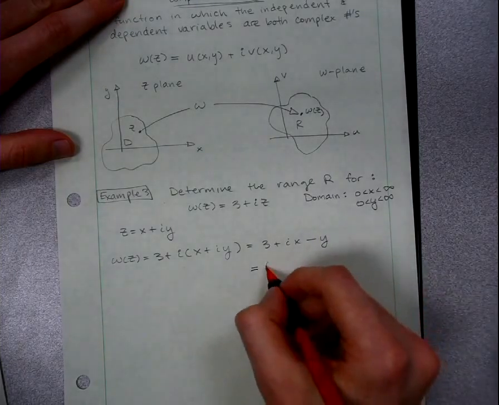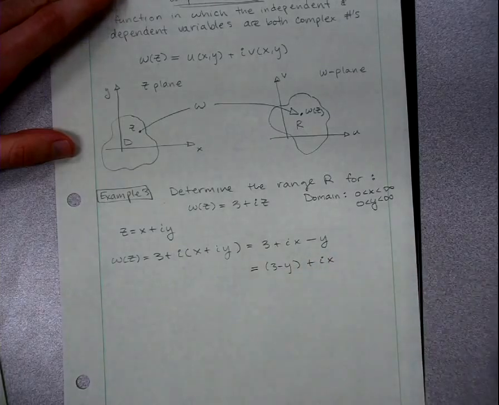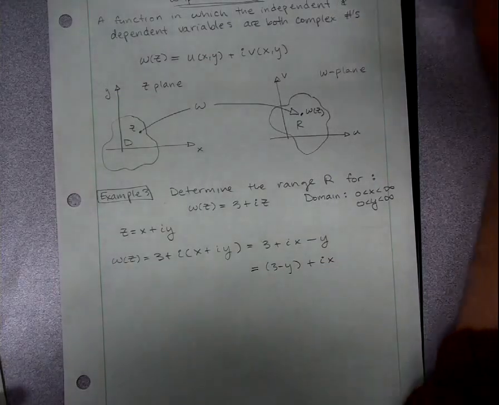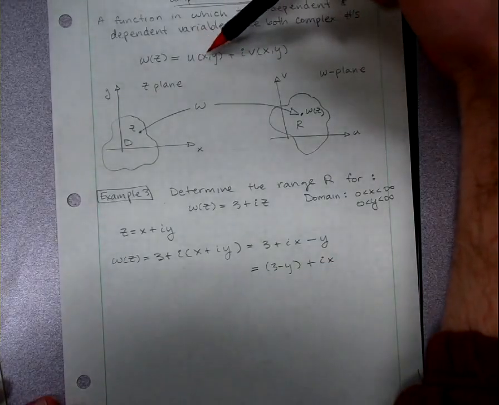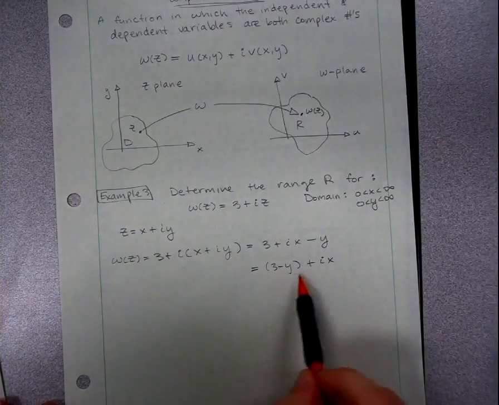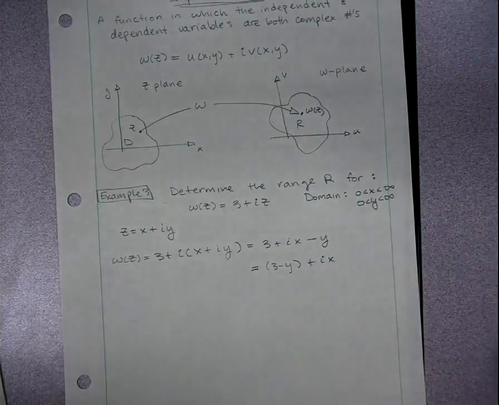And that equals 3 minus y plus ix. And so, if you'll notice, this u of x, y, that's what our 3 minus y term is. This v, that's what the x is.